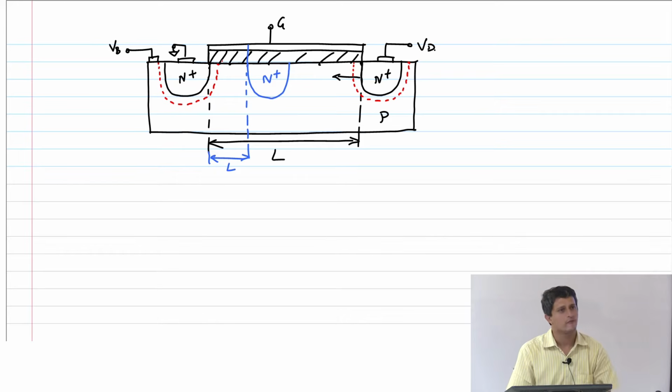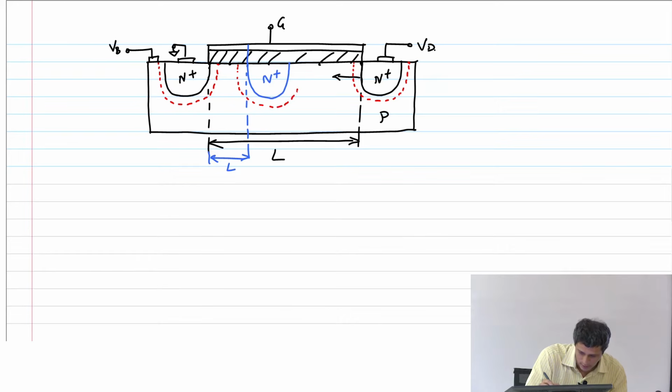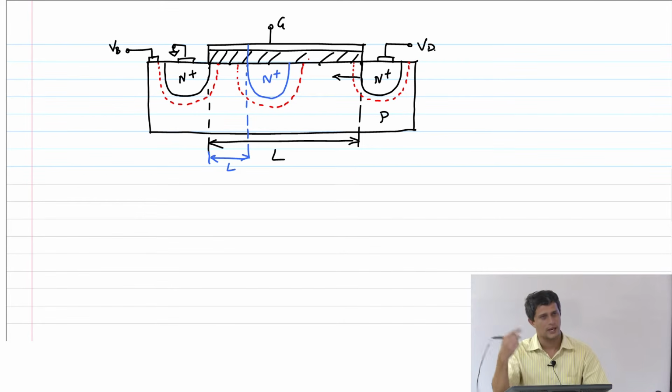Unfortunately, now when we bring this drain very close to the source, the same depletion region would form here as well. Of course I have changed my supply, I have lowered it, but still this depletion region that is being formed around the source and the drain will become a significant fraction of the total channel length.